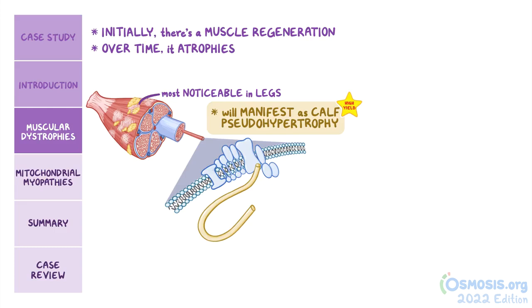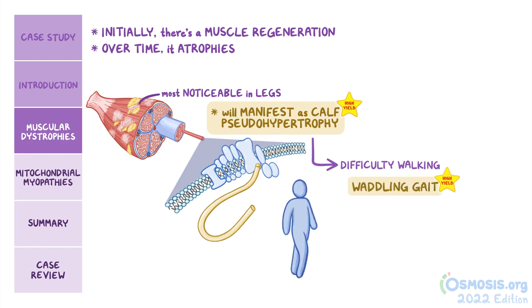As muscle weakness progresses, individuals have progressive difficulty walking. A very high-yield sign is the waddling gait. This is due to the pelvic girdle muscles becoming weak, so the individual will have problems with balance. So to compensate, they will walk by taking short steps while swinging their trunk side to side with each step as a counterbalance.